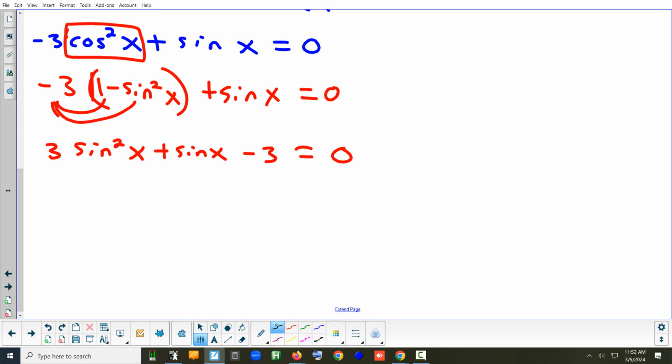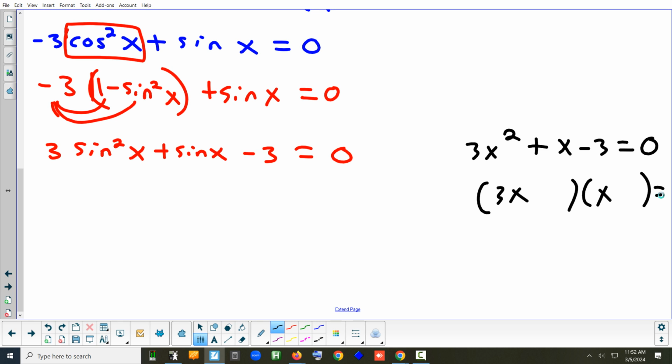All right. Now, let's write that the way you'd see it in Algebra 1. If you tried to factor that one, you might try like 3x and x. And then you realize, well, your signs have to be one of each because that's a negative.